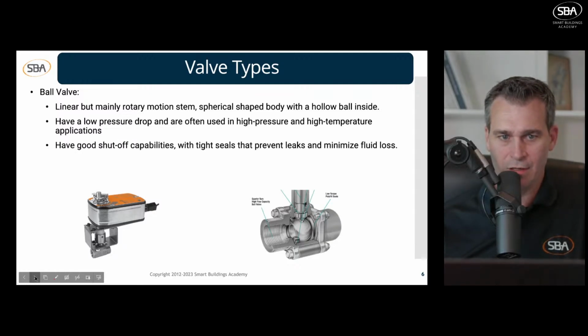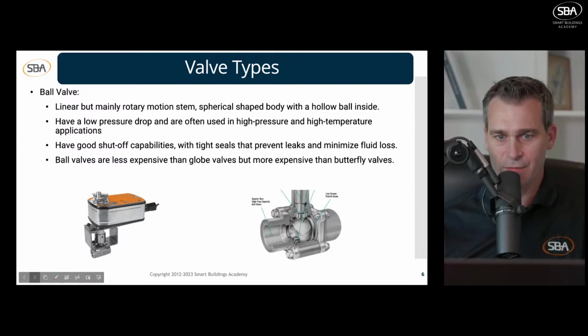You're going to see these have good shutoff capabilities and good tight seals. Ball valves are less expensive than globe valves, but normally more expensive than butterfly valves, depending on the size. You're going to see a lot of these ball valves on VAV boxes. Those are very common, and you'll probably see them on smaller air handlers. That's a common application where you're going to see these ball valves. Also fan coil units too. You can't leave those out.